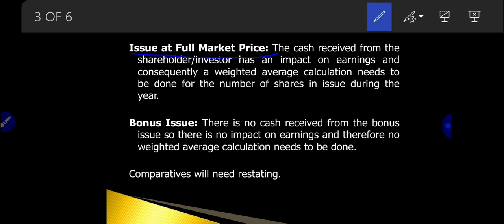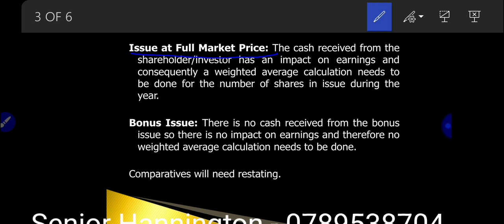Now, when it comes to calculating the earnings per share figure of the current year, but in the current year there was a bonus issue of shares. So what you have to do, you have to make sure that you adjust all the number of shares before the bonus issue by a factor, or what we call the bonus fraction. And in this case, the bonus fraction you use is getting the number of shares after the bonus issue over the number of shares before the bonus issue.